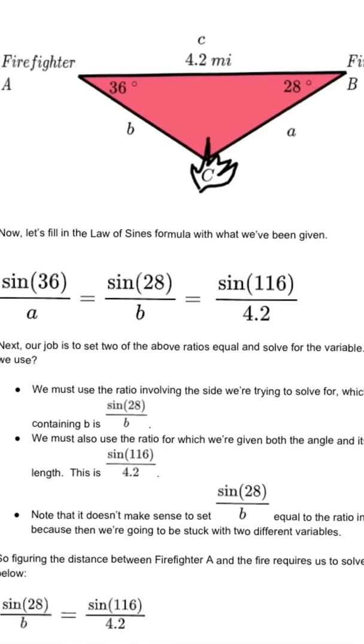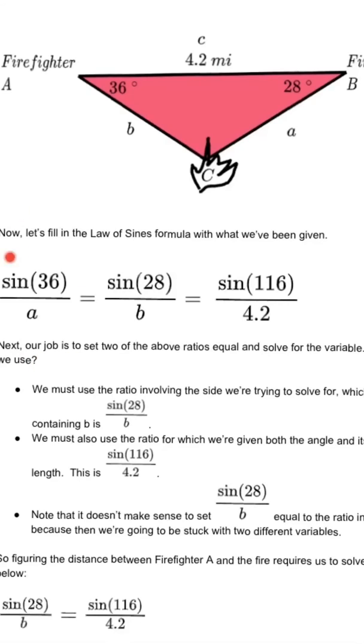Our next order of business is to set two out of our three ratios equal to each other to solve for B, which is the side we want to solve for, the distance between firefighter A and the fire. So obviously we do have to use the ratio that contains B, which is sine of 28 over B. And we want to set it equal to the ratio for which we have both the angle and the side across from it given.